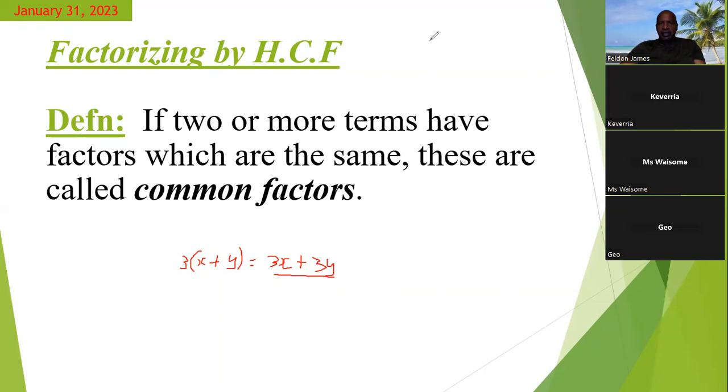All right. Now, when we remove the bracket, we say that we are expanding. And so the result will be the product of what is being multiplied on the left. Now, to factorize would simply mean to reverse this process.